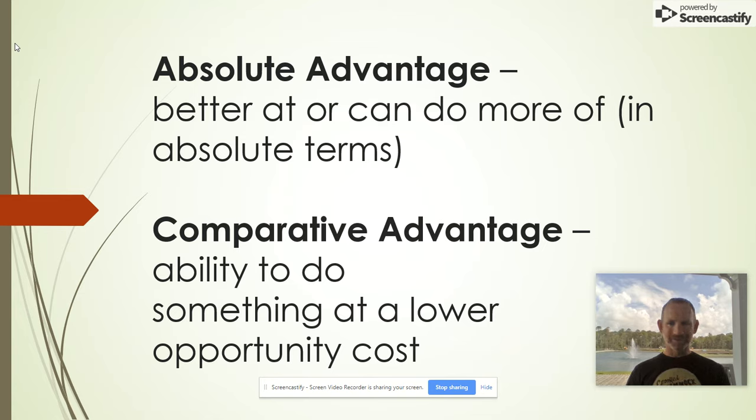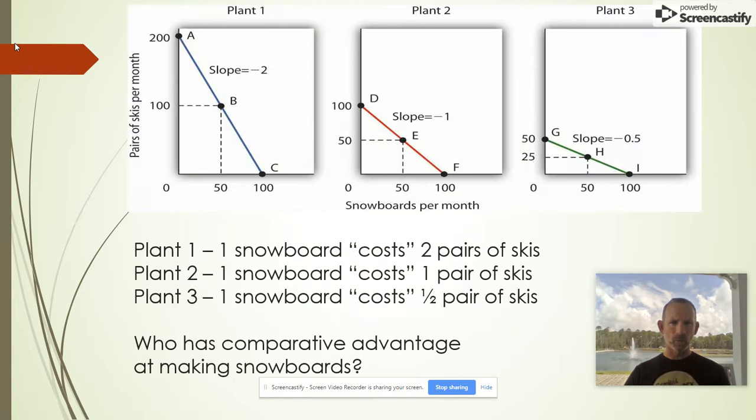But what's more important is comparative advantage. Comparative advantage refers to the ability to do something at a lower opportunity cost. So even though one person might have absolute advantage at some job, someone different can have comparative advantage, and it's the comparative advantage that's much more important for our purposes. So I'll talk about why as we go through.